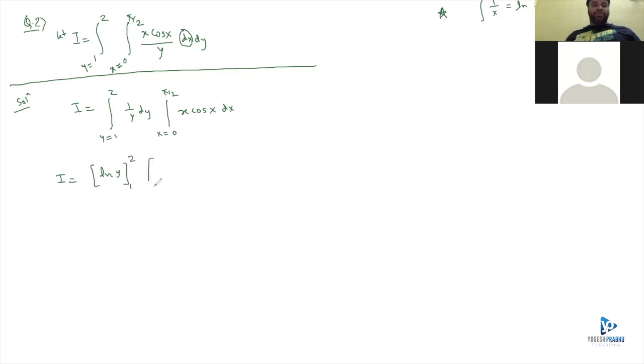Now what do you do to this one? This is UDV. Tell me which formula will you use, the first version or the second version? Second version, because x is u, you're correct.